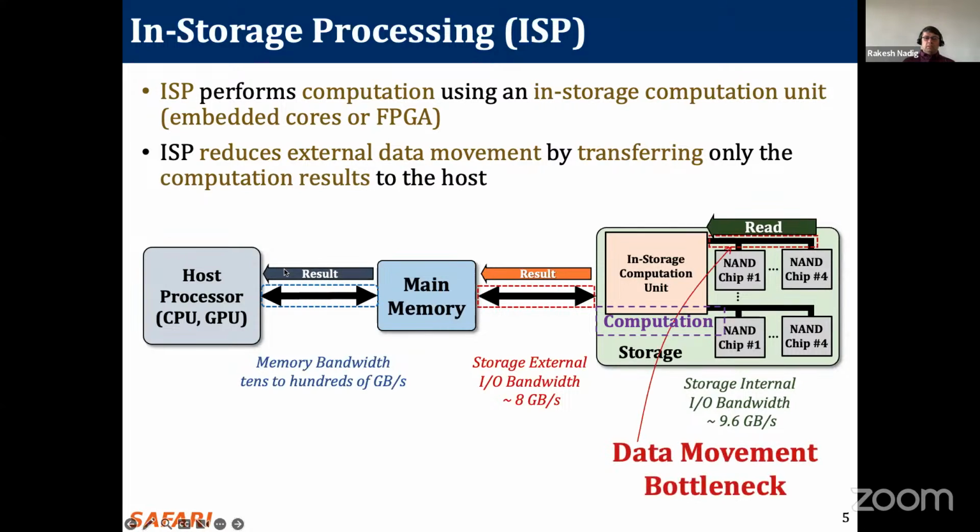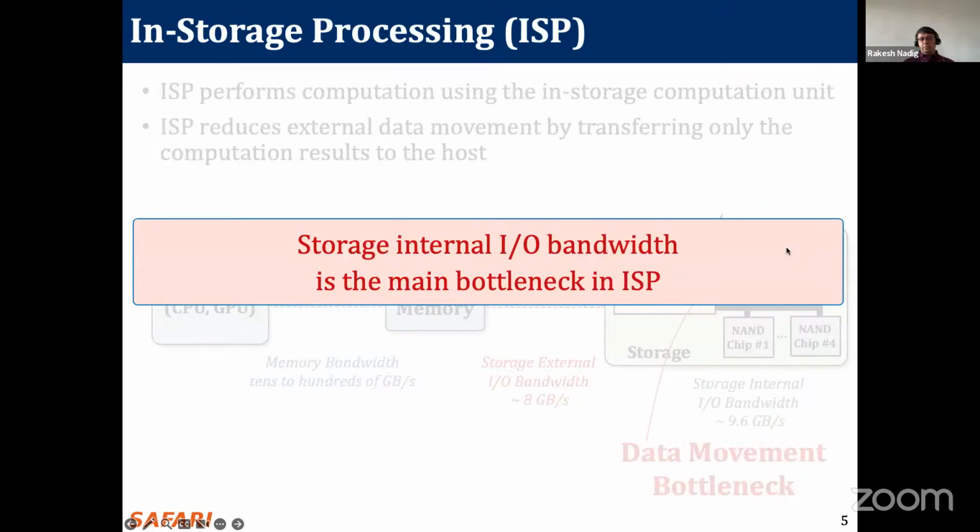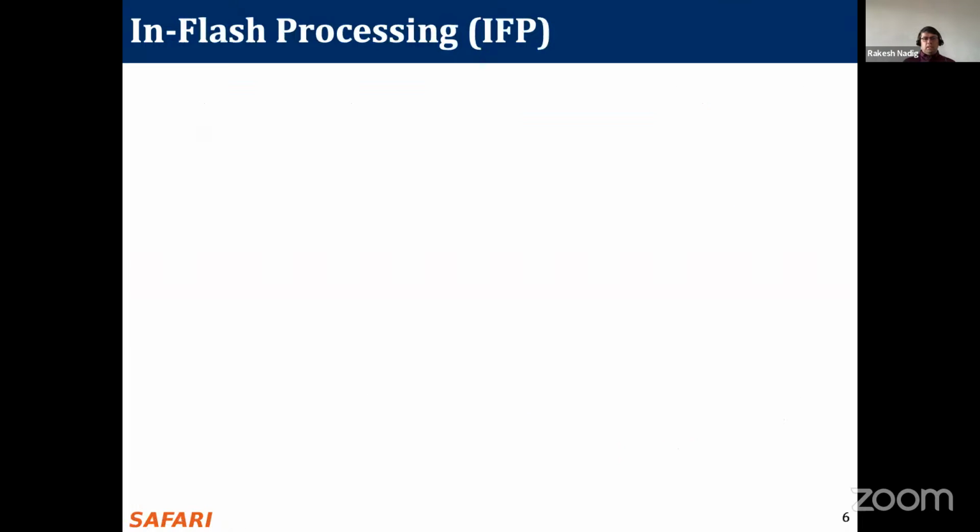If we look at the bottleneck of this kind of approach, the reads have to be done over these shared channels, where the typical bandwidth is around 9.6 Gbps. So if we are performing the computation within the SSD, the bottleneck is the internal bandwidth of the SSD. That is the main bottleneck in ISP.